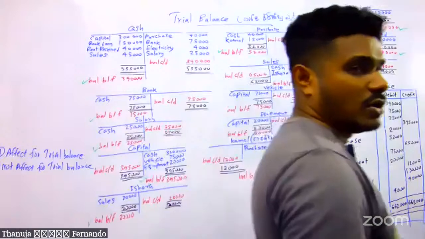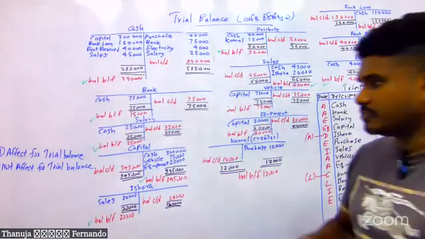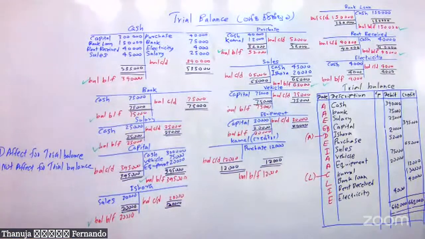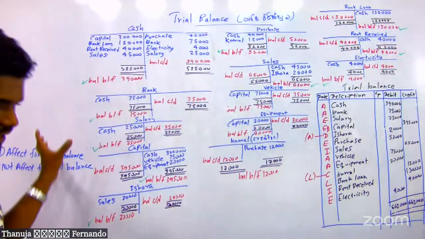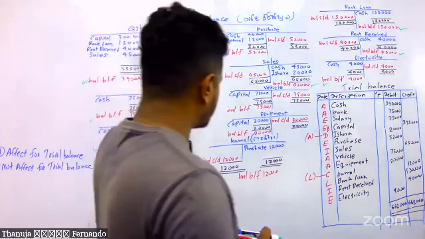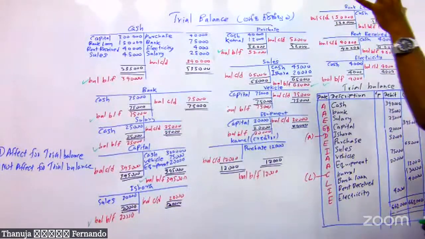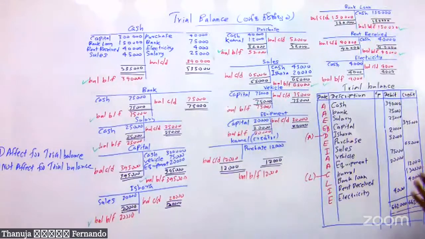Okay, so the errors which do not affect the trial balance means errors have occurred, but they do not affect it. Even though errors have been made, the debit side and credit side are both equal.